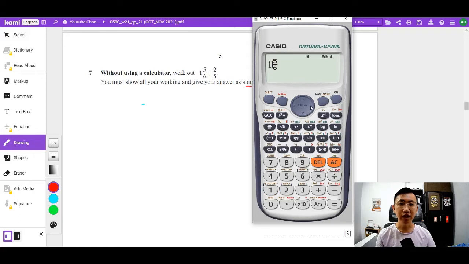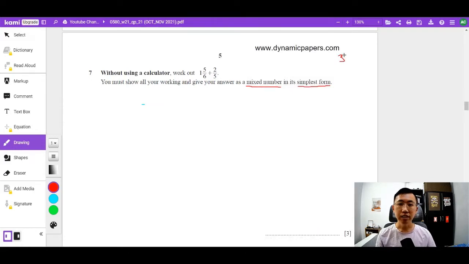Then they click on the right arrow and continue to type the question 2/5. Now on the calculator screen it looks correct. Can you see? It looks correct. So let's press equal. The answer on the calculator is 37/30. As I mentioned, this is actually wrong and it's a mistake.